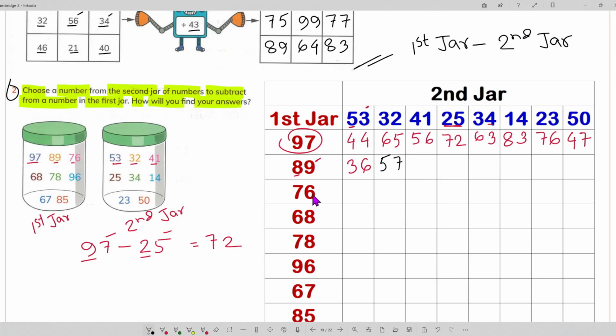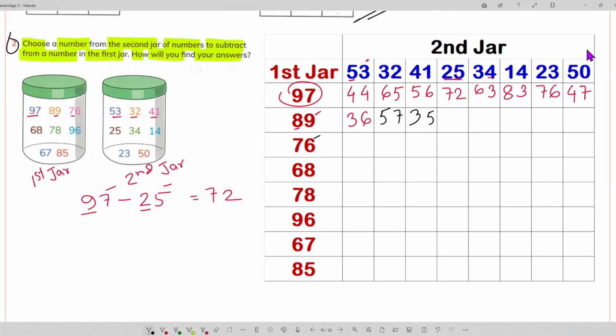Okay, so here is 41, we will subtract from 76, so 6 minus 1 is 5, 7 minus 4 is 3. Then 50 and 85: 5 minus 0 is 5, 8 minus 5 is 3. Similar, 23 we will subtract from 85, so 5 minus 3 is 2, and 8 minus 2 is 6.